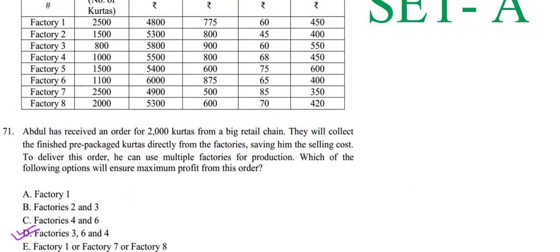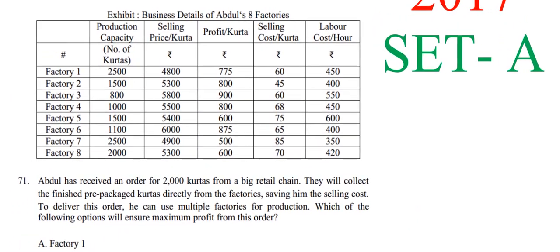Now let's first find the 0.5 hour. Here we have labor cost per hour. We need to find the labor cost of 0.5 hour, that is half hour, that is 30 minutes. So we need to divide these costs by 2 to get the cost of 0.5 hour. Then we will add these to the profit, so we will get our total profit.